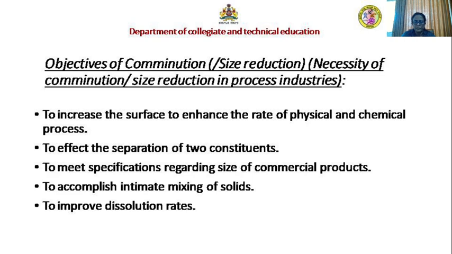If two different kinds of materials are there and they need to be contacted to carry out a certain chemical reaction to bring about a product, then the mixing between the solids will enhance the contact between them. So mixing will be effective only when we have the particles of the given material in small size. So that is also an important objective of comminution.